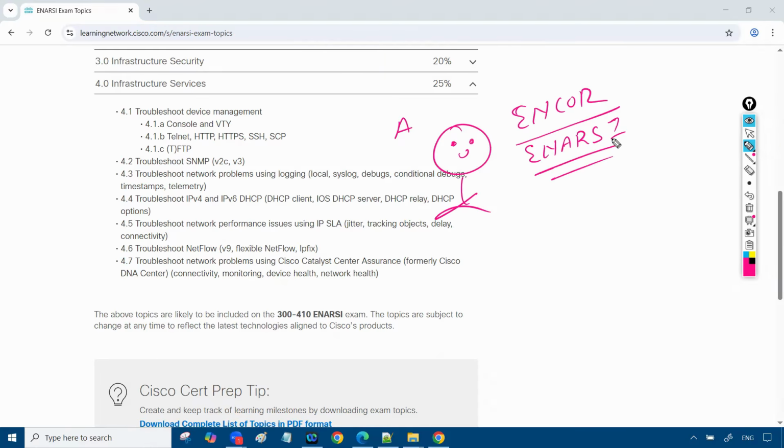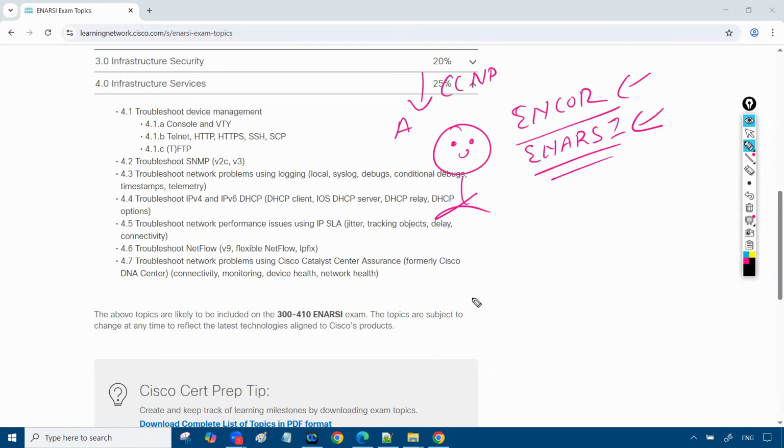You can also take SD-WAN. As I suggested, if you are experienced, go with SD-WAN. But if you're not interested in SD-WAN and ENARSI, and you love automation, then you can go with the automation concentration as well. We do have it. So in that case, because he has a plan for the CCNP only, he has to give the ENCOR plus ENARSI paper. Then he will get the CCNP certificate from the Cisco side.